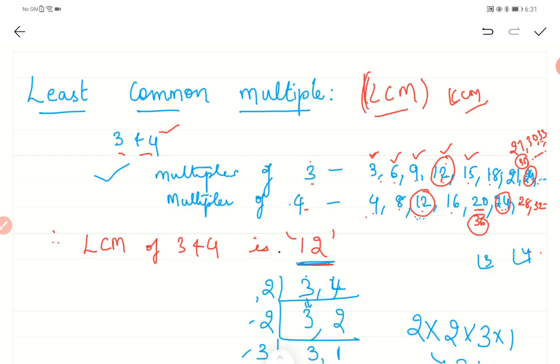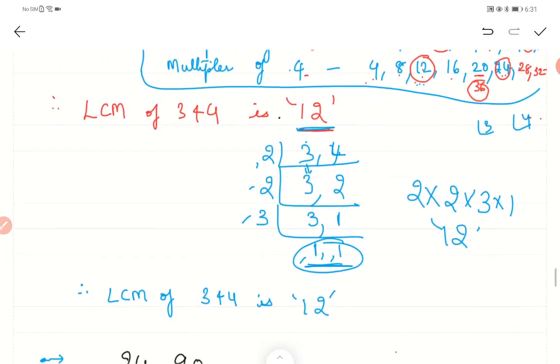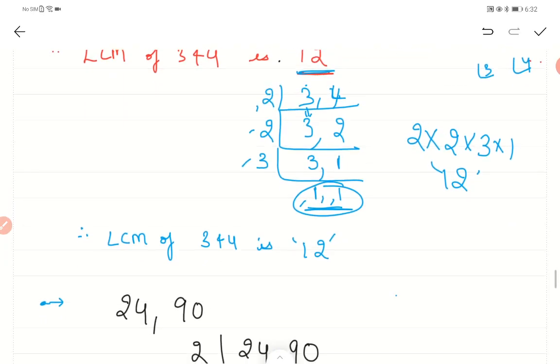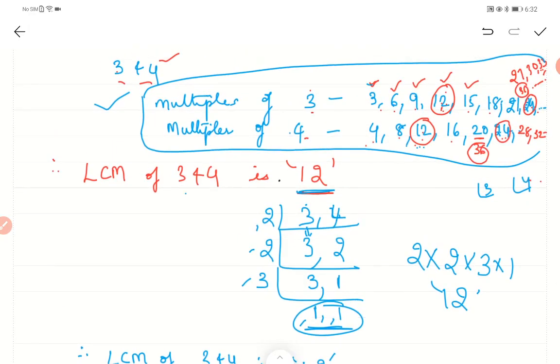So finding the multiples and getting the common one will become a bit difficult for you to do. So you can go easily by the LCM method. If this was a small number, we could find the multiples and the common one very easily.